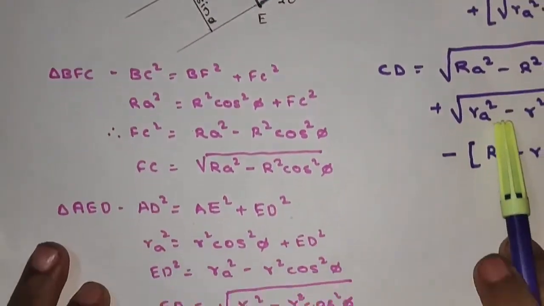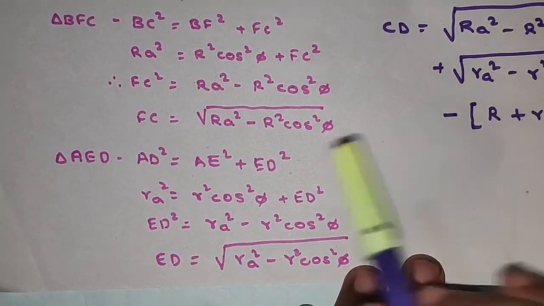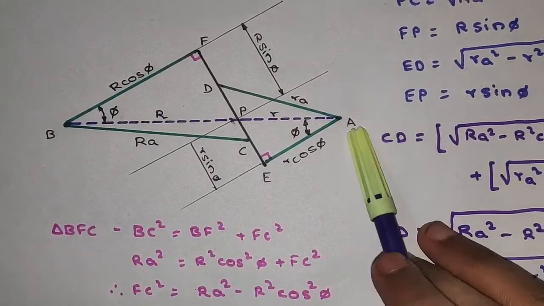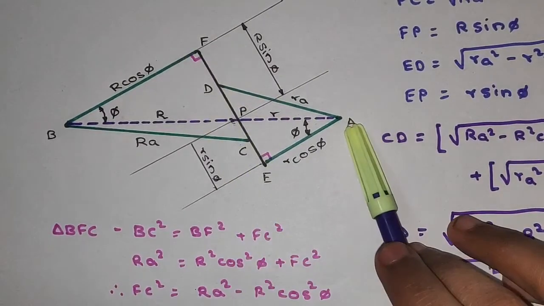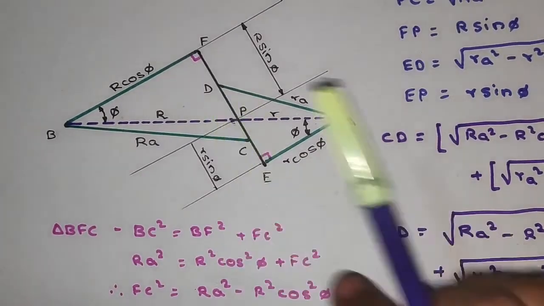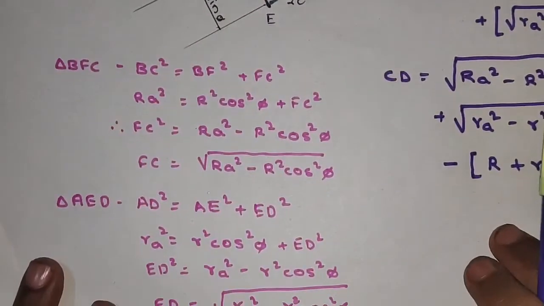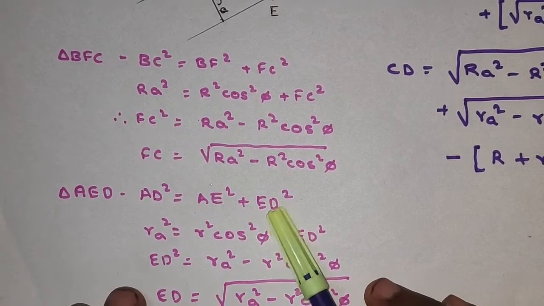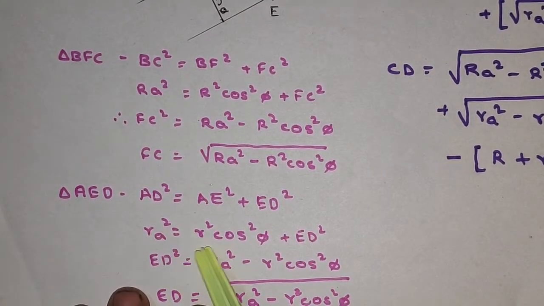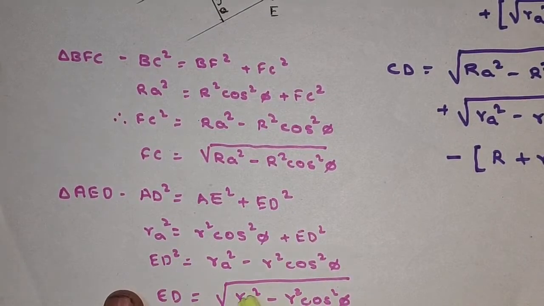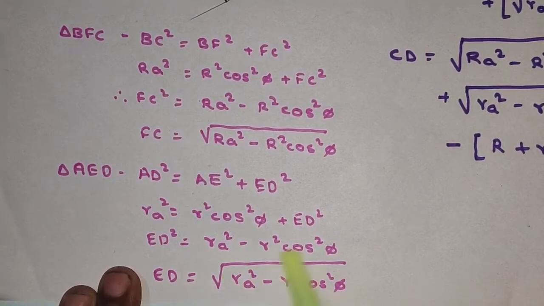Similarly, when we take the second right triangle AED, we have AD square is equal to AE square plus DE square. So this AD is small ra. We substitute these values, ED square remains as it is, we take the rest to the other side and simplify. We get ED is equal to root of small ra square minus small r square cos square phi.